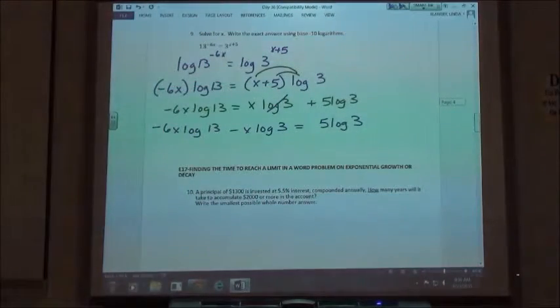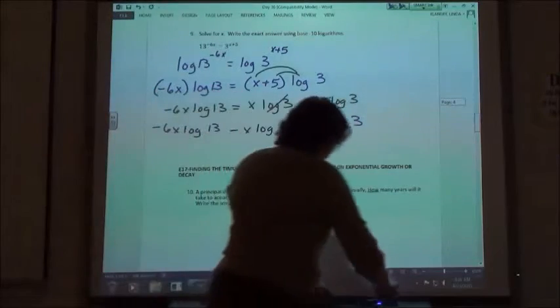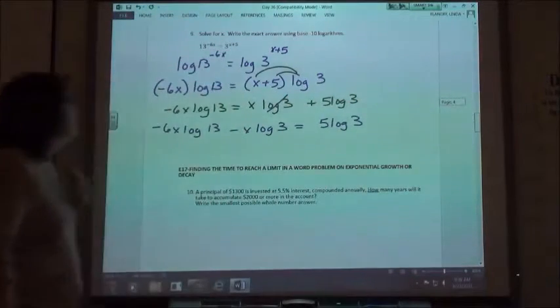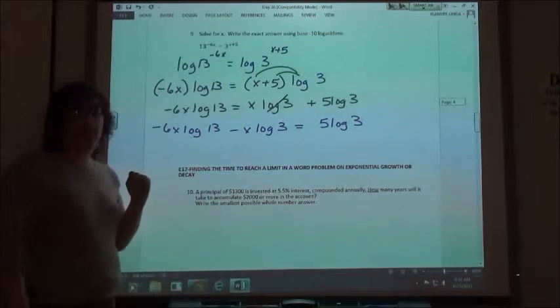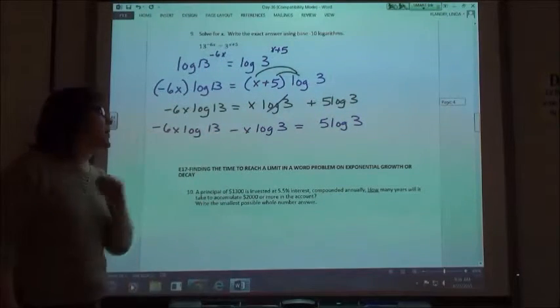All right, then what did we do from there? That's not the same one as the top one, is it? Well, it's kind of the same. It should be about the same looking step. So we're going to divide now, right? Before we divide, we're going to take the x out, right?